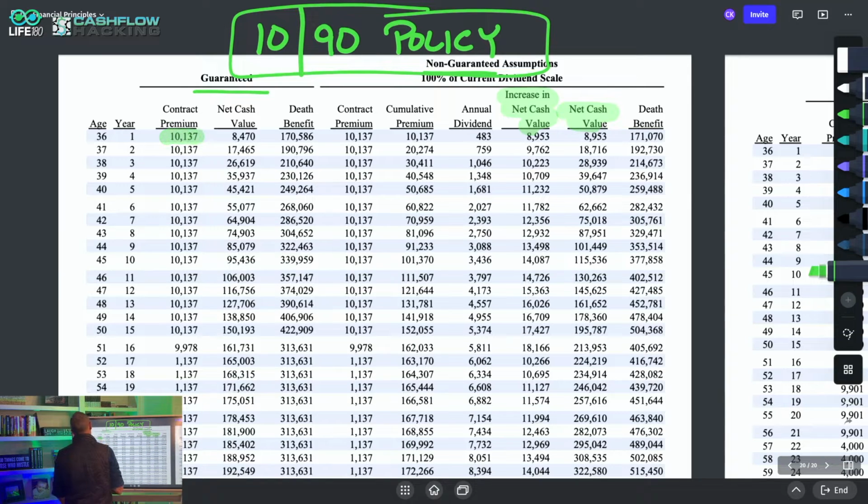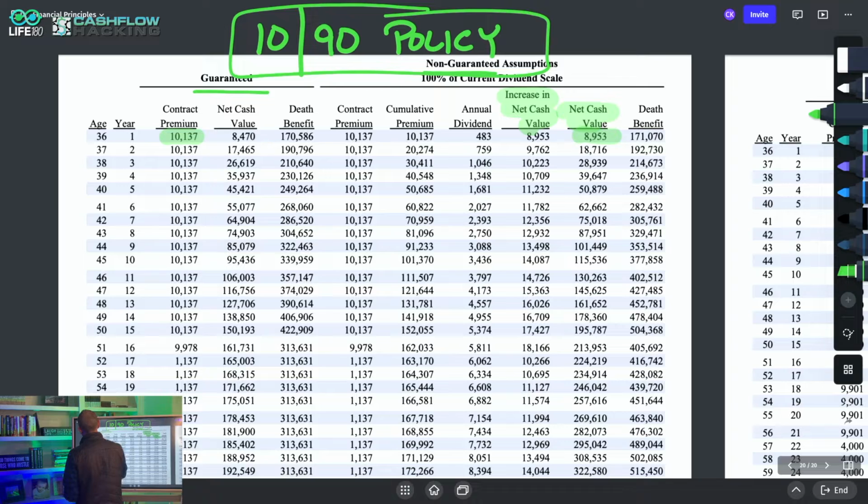Now, you can see the premium, $10,137, and you can see here $8,953 is liquid in year one. So this is a classic 1090 policy. What does a 1090 policy mean?